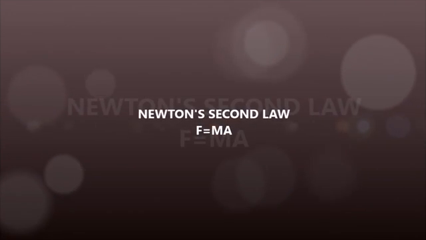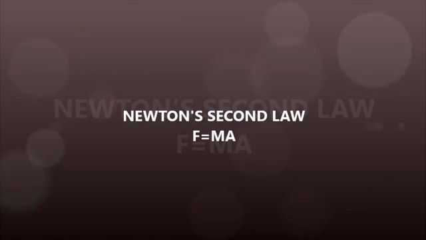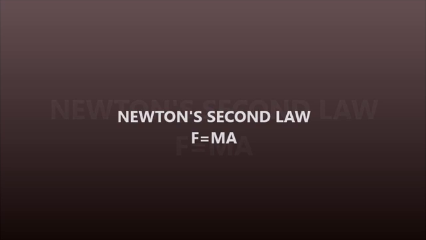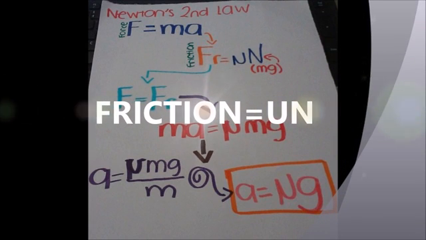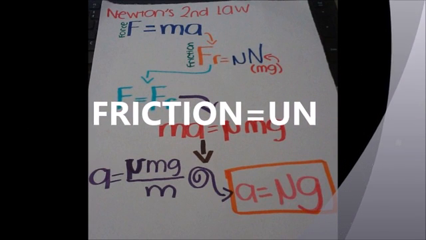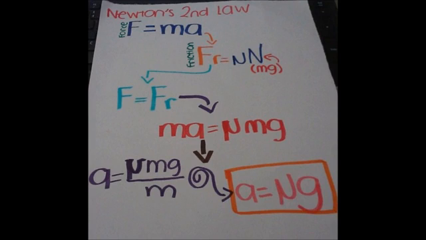For this problem, I'm going to use Newton's second law, which states that force is equal to mass times acceleration. In this problem, the only force that we have is friction, which is equal to mu times normal force. So our equation to solve this problem will be net force equal to friction, simplified as mass times acceleration equal to mu times mass times gravity.